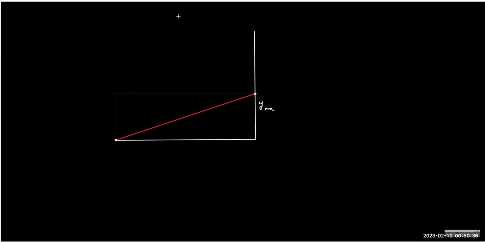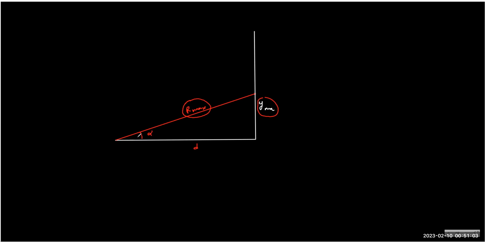Because if Y is maximum, D is fixed and constant, so as Y grows, this length will grow. So the corresponding Y max is the corresponding R max, isn't it?